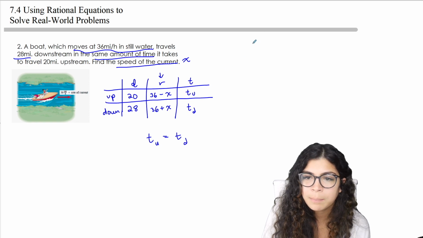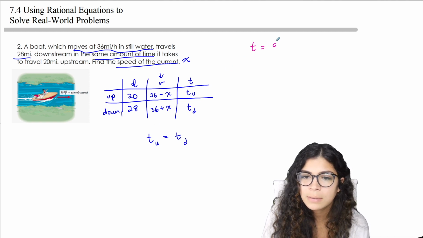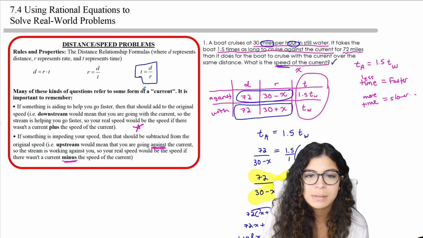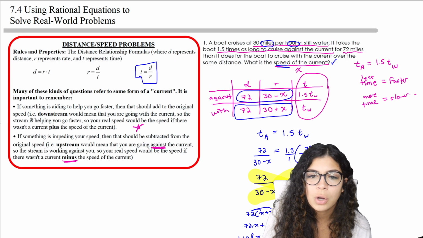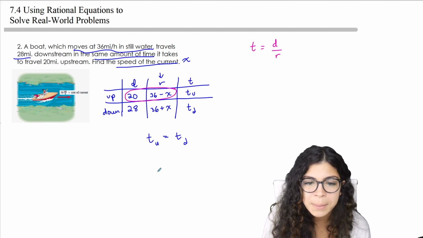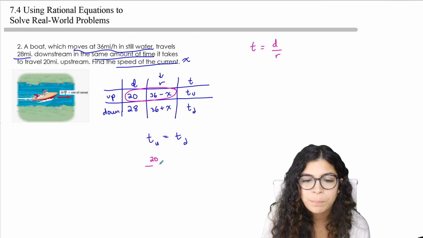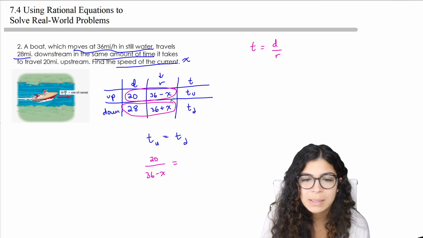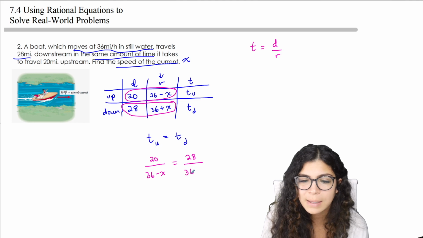Well, time equals distance divided by rate, right? So we will take the ratio distance over rate for upstream, so 20 over 36 minus x, and that would equal the time downstream, which would be 28 over 36 plus x.